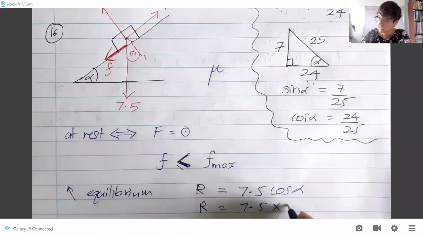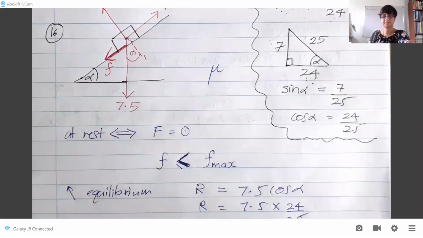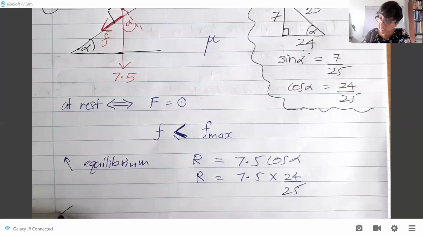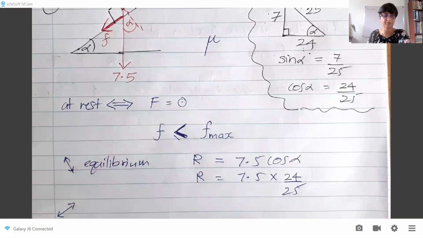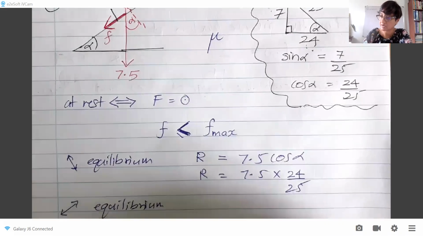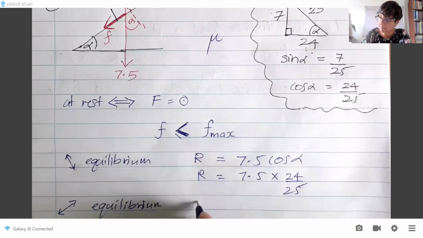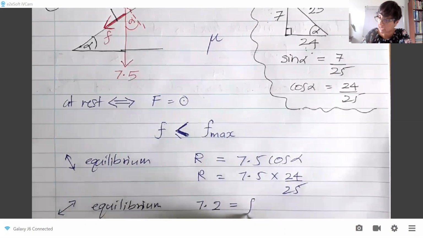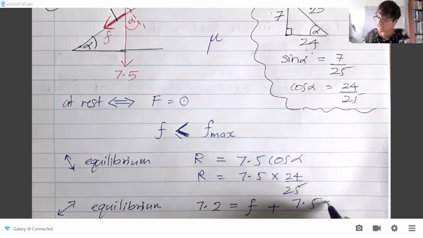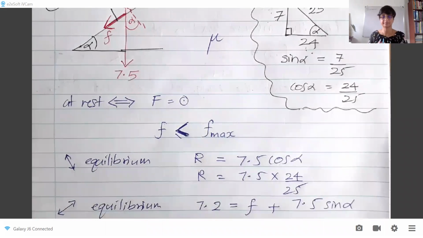I need it from here, 24 over 25. No need to simplify. Let's leave it like that. Then horizontal equilibrium: what do I have? 7.2 upwards is equal to F plus 7.5 sine alpha. Right?